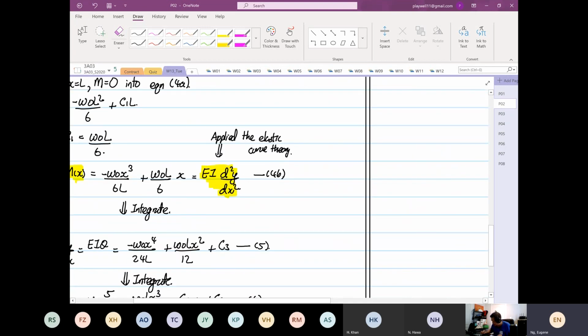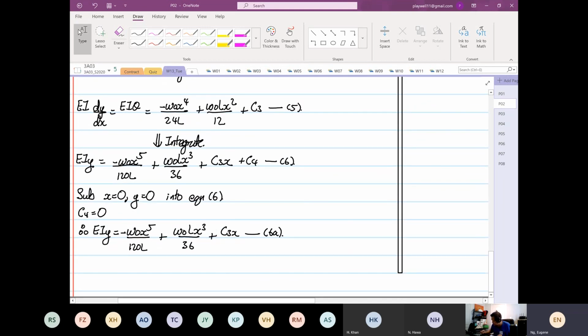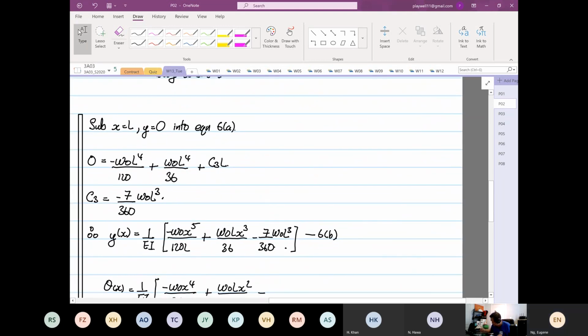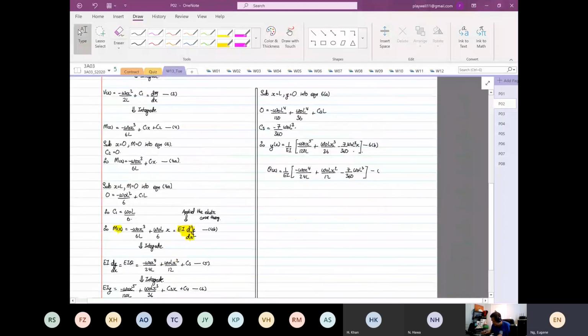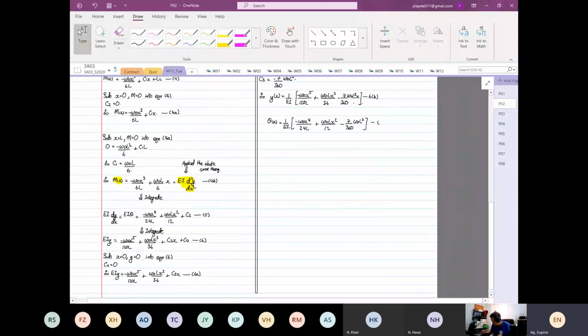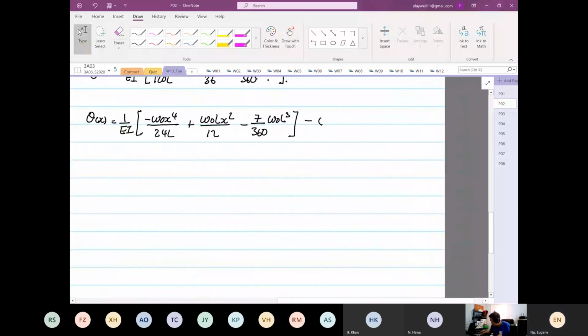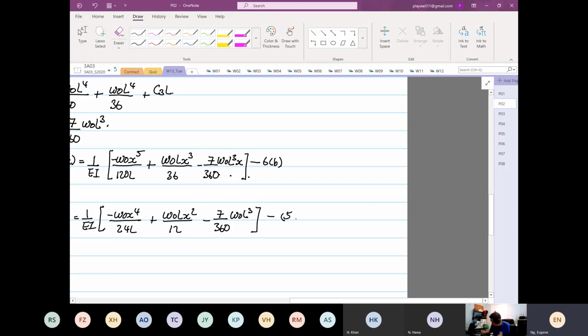You have to have an x down here. And the last one is minus 7 over 360 omega naught L cube. So theta of x will be equal to equation 5a, and this is equation 6b.